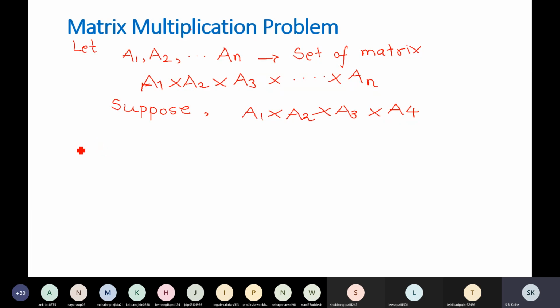At a time all 4 you cannot multiply, so I can do it this way. I will multiply A1 and A2 together, then the result of this with A3, and multiply the result obtained with A4. Am I right?